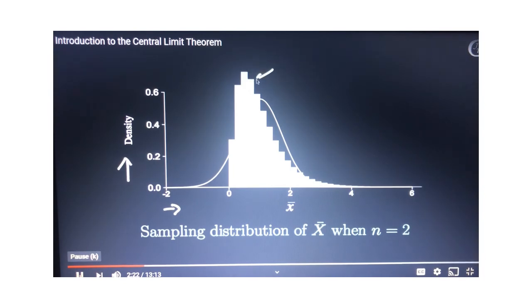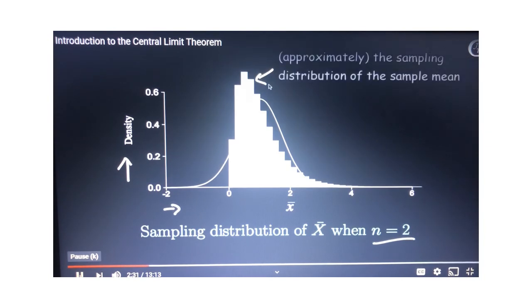The gray histogram here is a histogram of those 1,000,000 sample means where n is equal to 2. This is going to be approximately the sampling distribution of x bar in this scenario. In this particular case, we can mathematically work out the exact sampling distribution, but here I've done it through simulation.